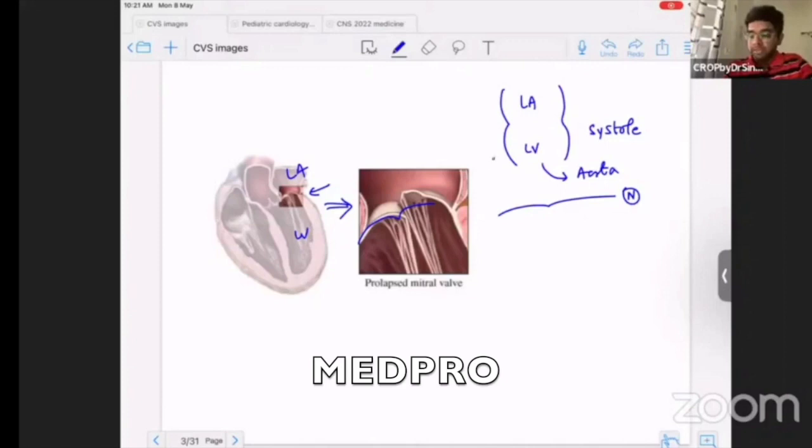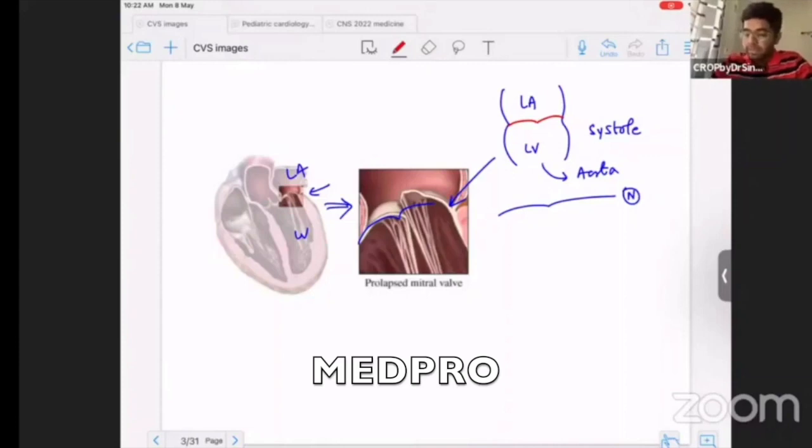However, in this situation, it is not going to close like that. It is going to close exactly like what I have shown in the picture. It will be closing suddenly. When it suddenly closes during systole, it creates a clicking sound. This clicking sound is the characteristic finding in this mitral valve prolapse.